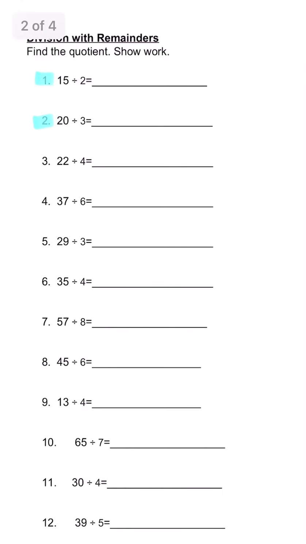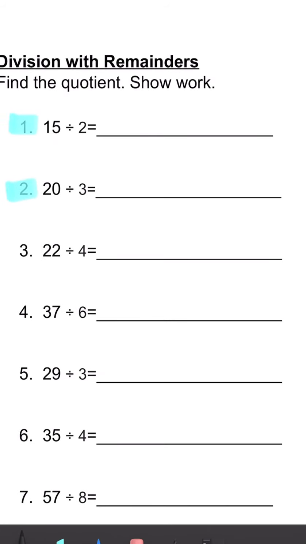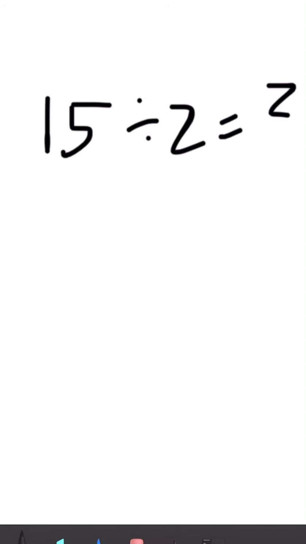Okay, so now we're doing division with remainders. So we'll be going over number 1 and 2. 15 divided by 2. So all of you guys probably realize that 2 does not go into 15 evenly. So that means we're going to have a remainder. So we'll do it on the side over here. 15 divided by 2 is what?